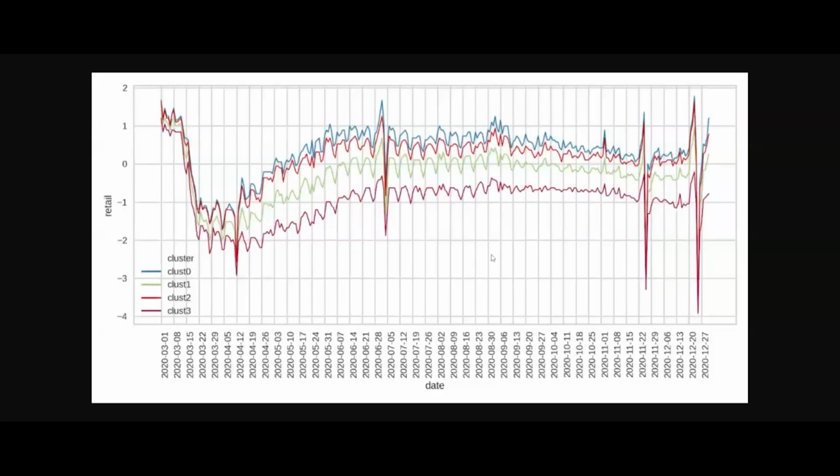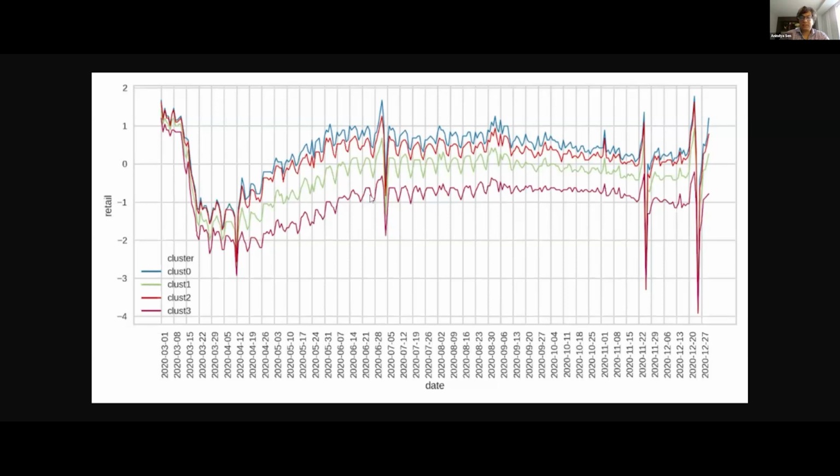You got it. Okay, so this is for the retail Google mobility. And what the clustering analysis did is that it divided the 1,000 counties into 4 clusters.